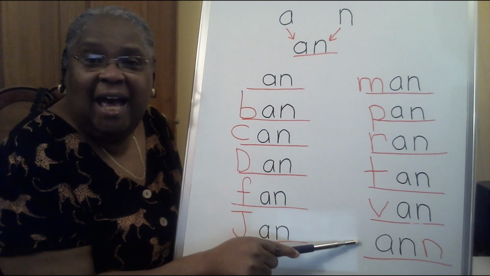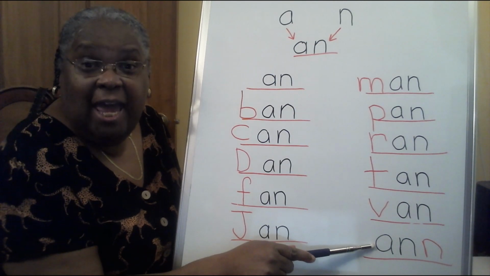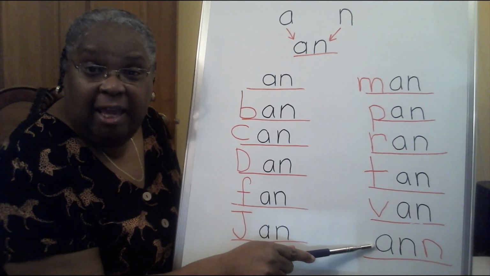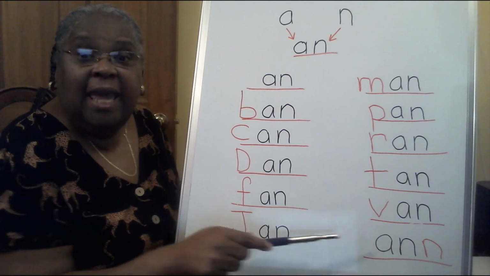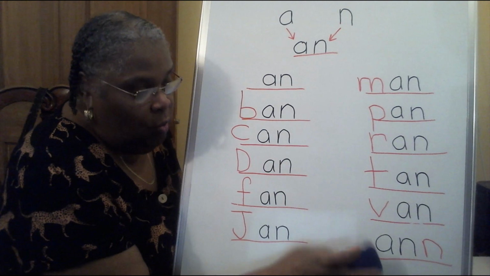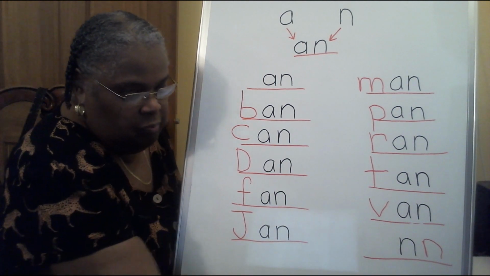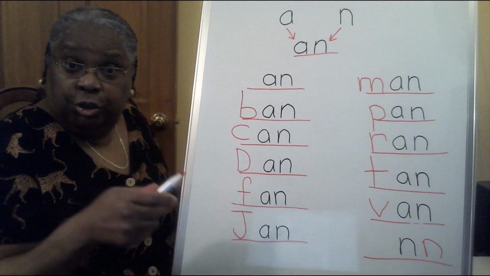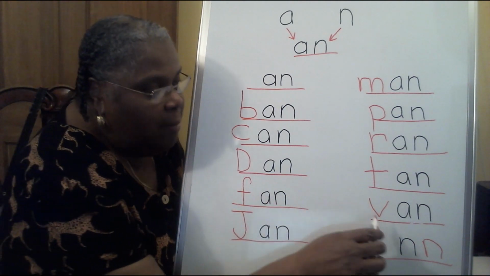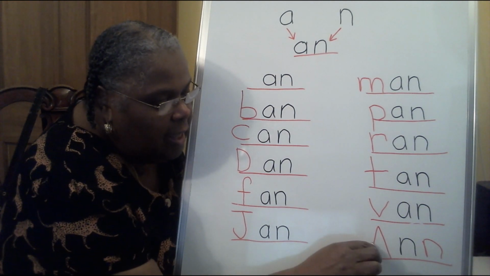Therefore, we cannot use the lowercase letter a at the beginning of the special name. We must use a capital letter A. So we will change the lowercase letter a to its capital letter A.